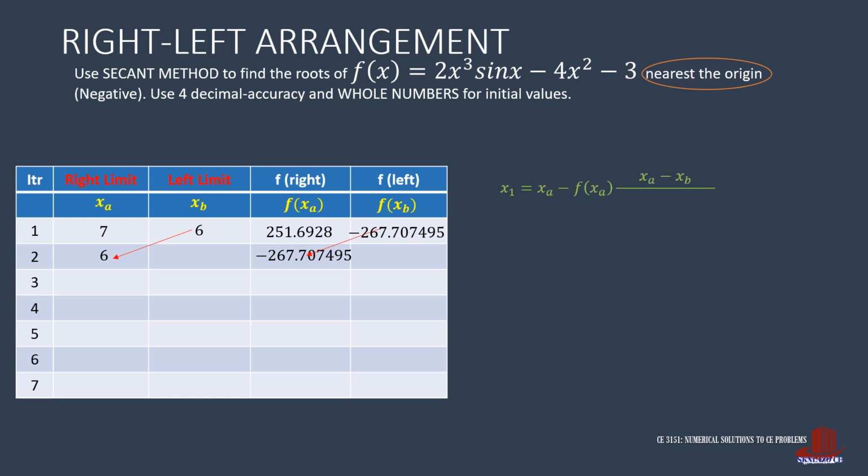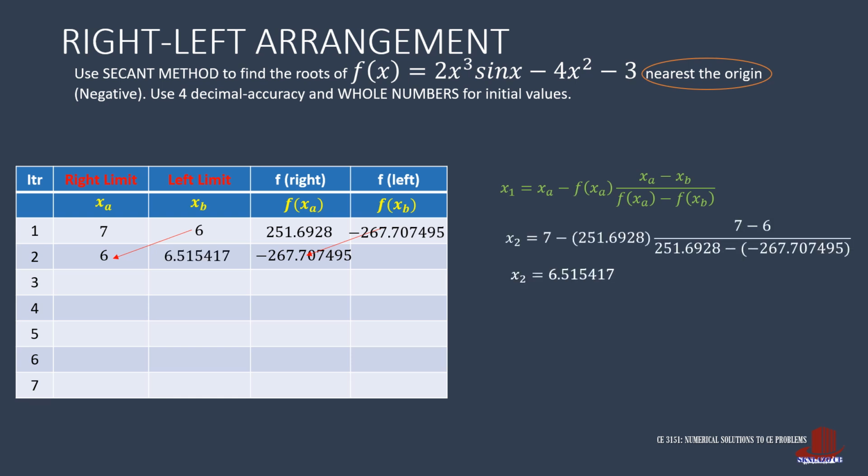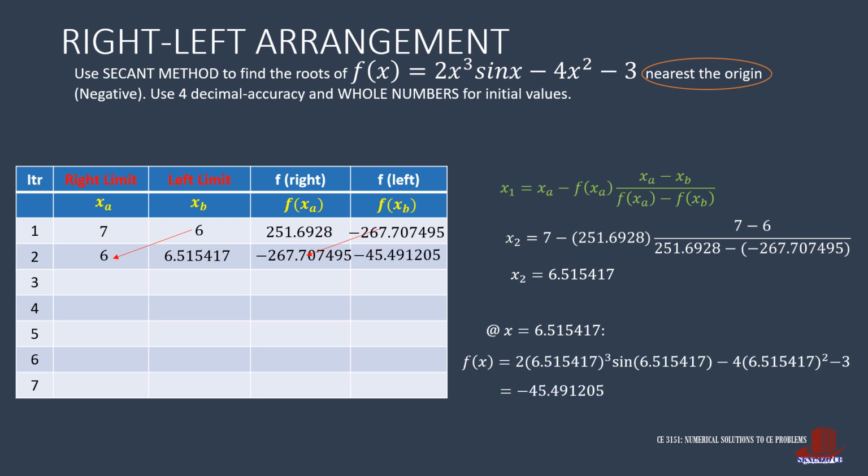The new xb uses the secant function, and using the first iteration values, x2 is then 6.515417. Plugging this value in f of x, the last column is filled with negative 45.491205.